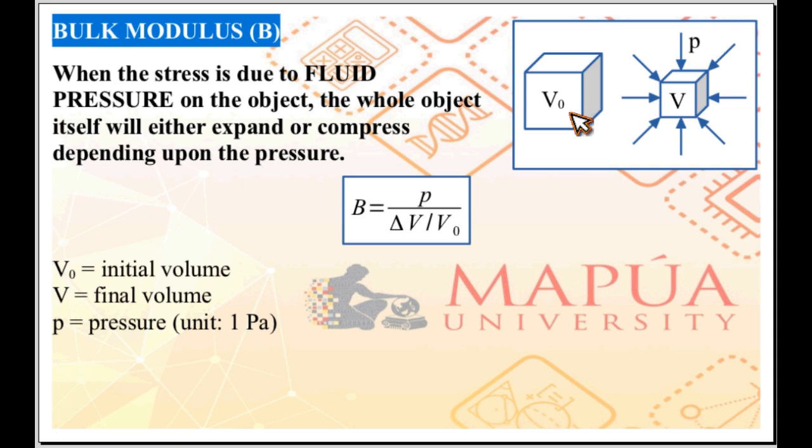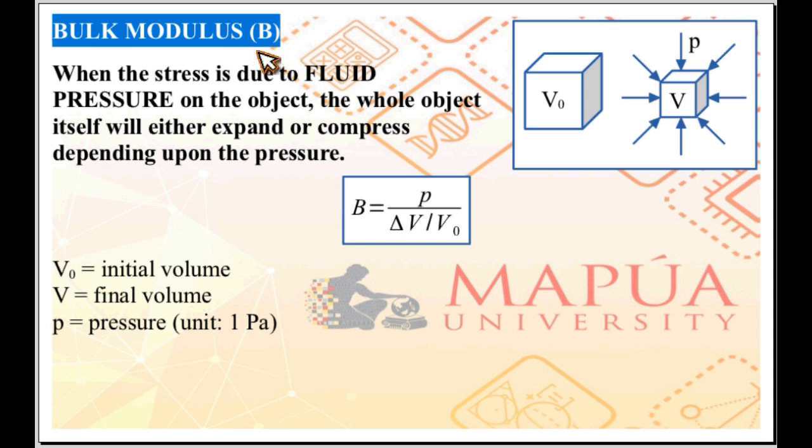Just for the sake of our discussion, say the pressure is applied such that the deforming influence will compress the whole object. The volume of the object changes from V naught to final volume V.